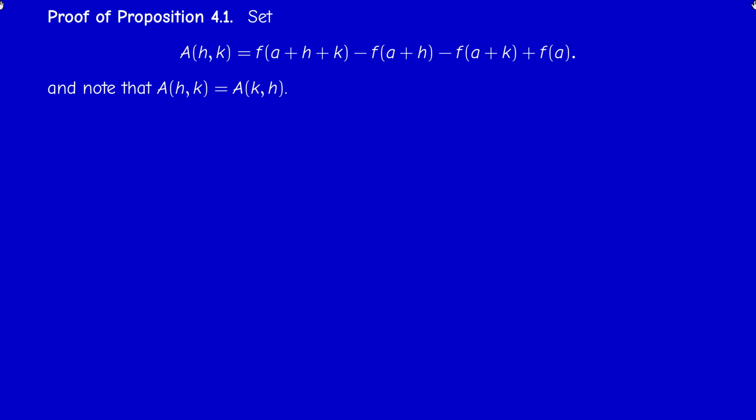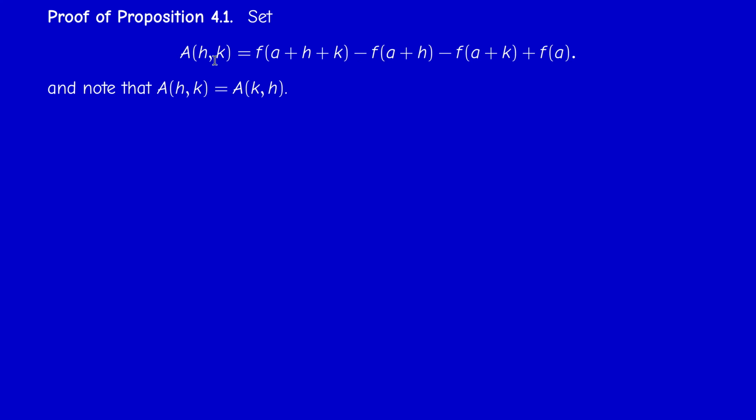Of course, this makes sense for (h,k) near 0, because we need to ensure that a plus h, a plus k and a plus h plus k all belong to U, the domain of f. This is possible if h and k are small enough, since the openness of U implies that all these arguments belong to the domain of f. So there's no problem in the definition, and I can take (h,k) as small as I wish.